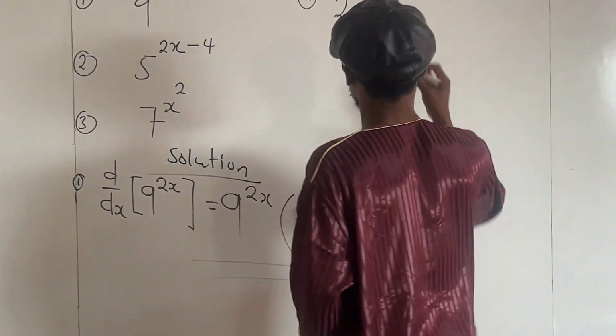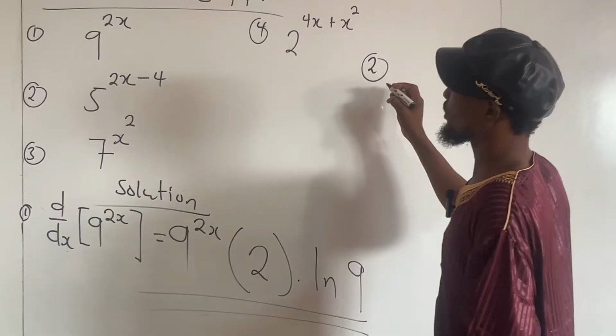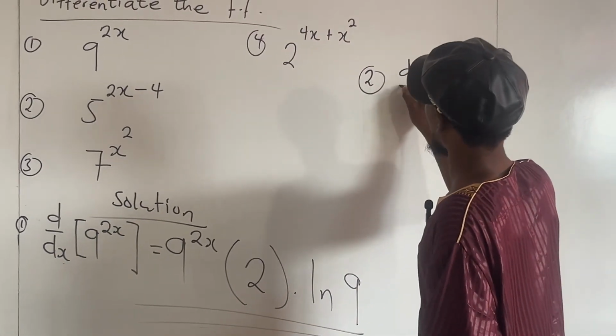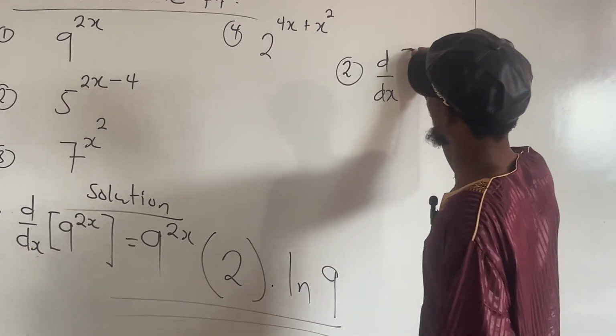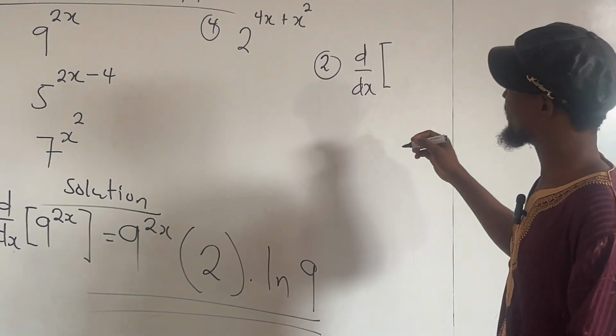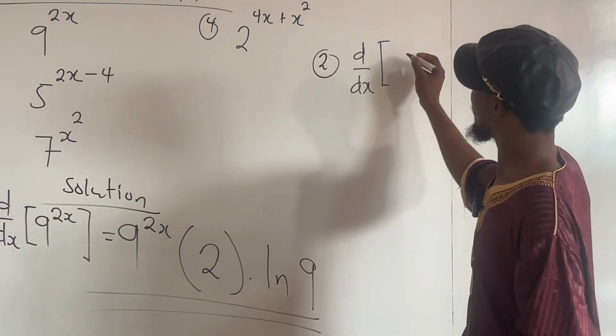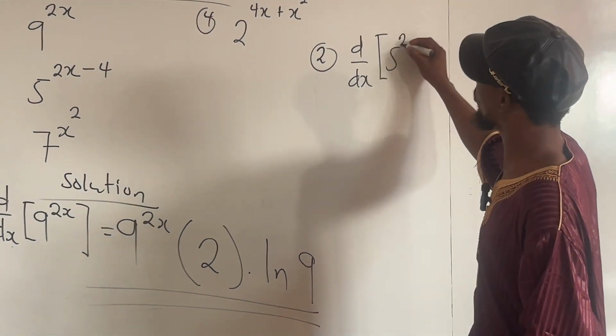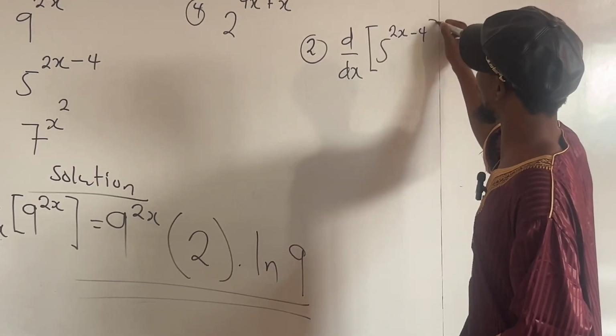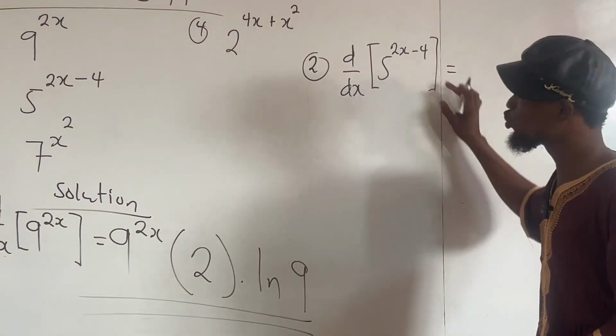The second question is, I want to differentiate this with respect to x. So I have d over dx of 5 to the power 2x minus 4. What do we do? Copy and paste.